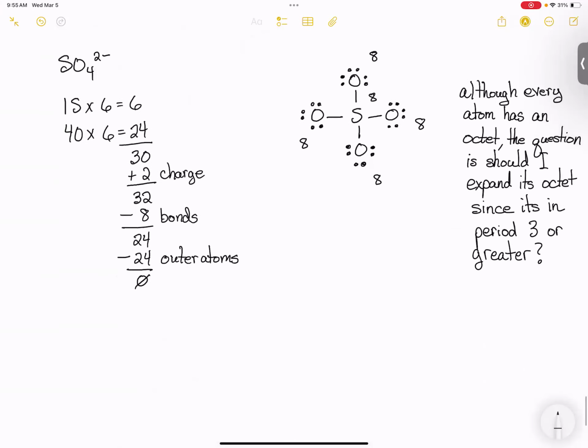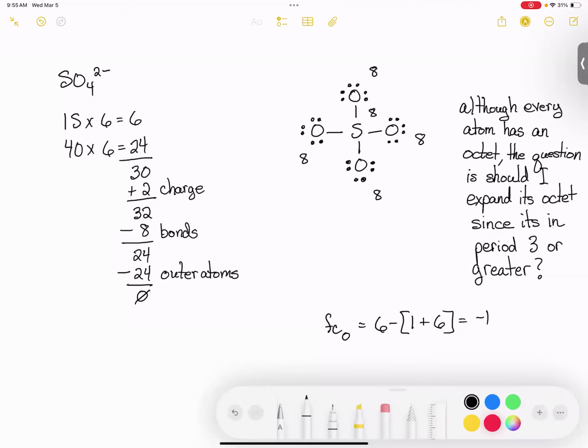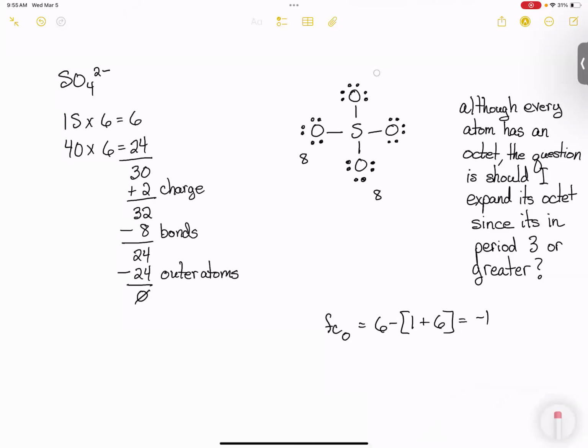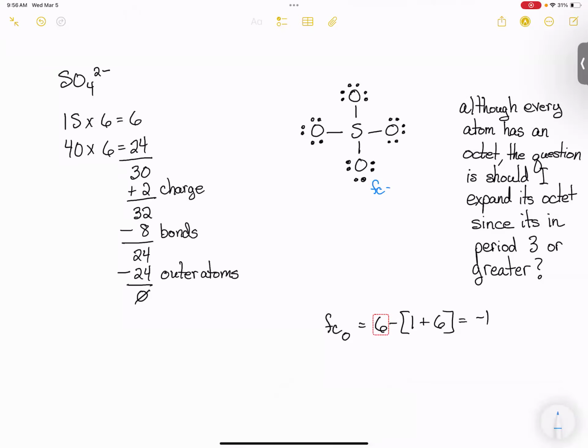So let's calculate the formal charge of our oxygens. The oxygen has 6 valence electrons. We're going to subtract 1 for every bond. It has 1 bond and 1 for every lone pair. It has 6 electrons in the lone pairs for a total of a -1 formal charge. So on our oxygens up here, every single one of them has a formal charge of a -1.